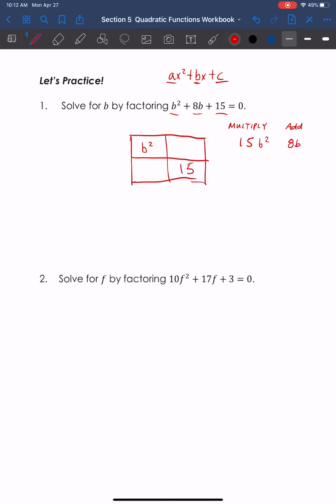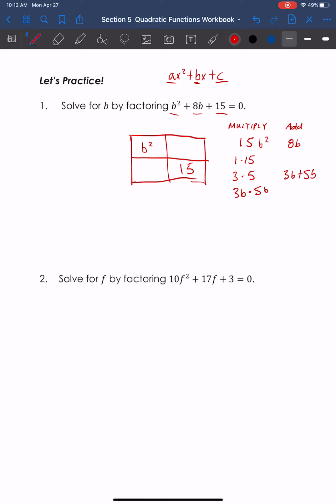What are some numbers that give me 15? 1 times 15, but that will not add up to 8. I can also do 3 times 5, and if I add 3b plus 5b, that gives me 8b, and 3b times 5b gives me 15b squared.